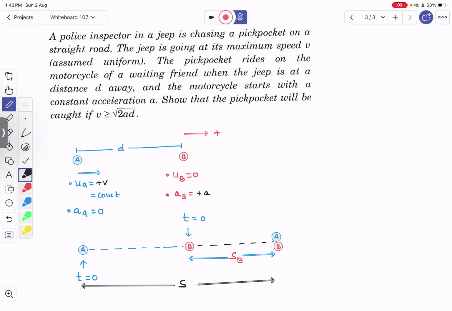This much is the displacement of A, and the initial separation between them is d. So I will write the equation which is going to be true when A catches B. Just a moment, I'll make this question smaller.